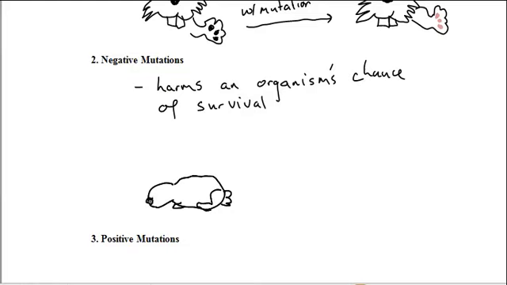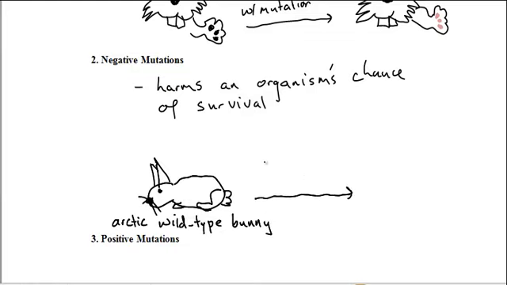I said kind of. Okay. If you imagine in the Arctic, you have your wild type bunny. This does not mean they go out and party every Friday night. Wild type bunny just means the predominant genetic form that's found. And then it has an offspring with a mutation.